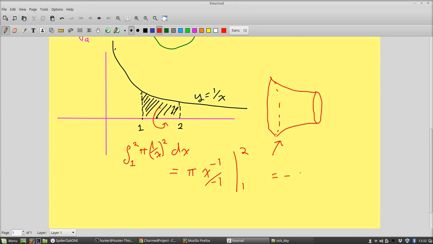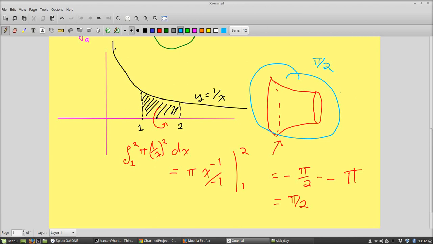So that's minus pi over 2 minus minus pi. So this is pi over 2. So the volume of this thing turns out to be pi over 2.